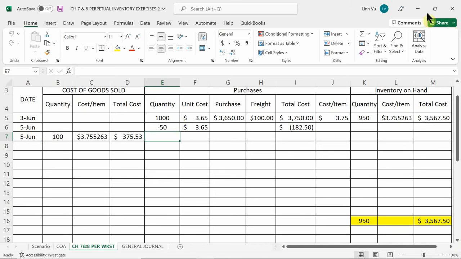Okay. Right? So what is 950 minus 100? You should get times the 3.755263 should give you $3,191.97.